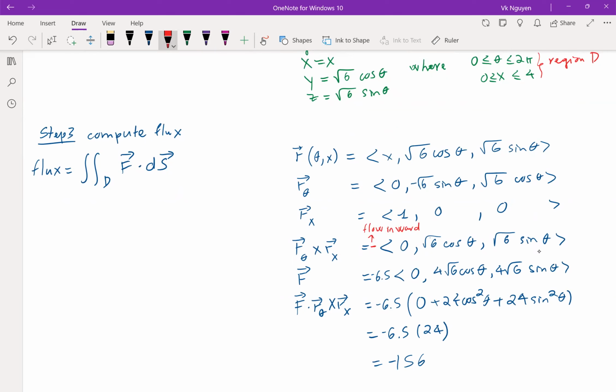Okay, everybody okay with this one? So if you have a negative, right, negative and negative is going to give us a positive. So we don't have a negative 6.5 here, it's 6.5 times 24, which is 156. Yeah, that looks good.